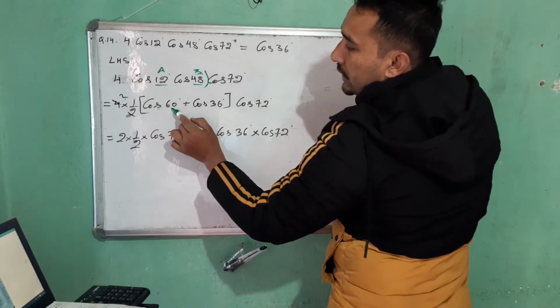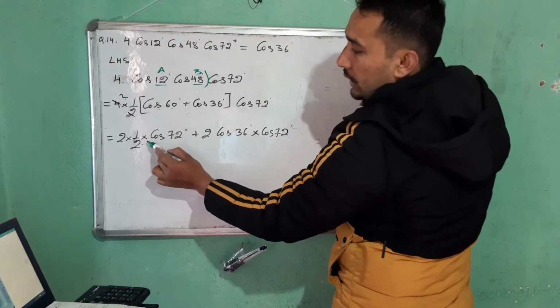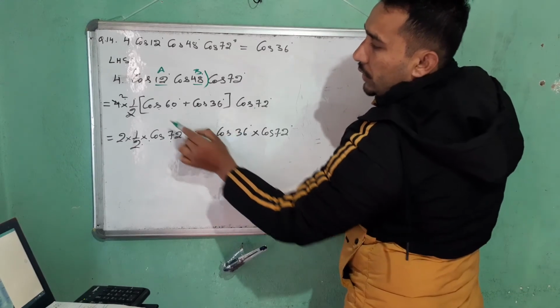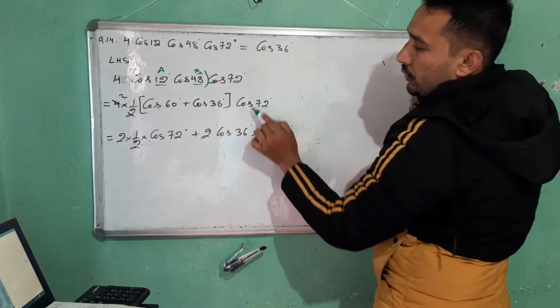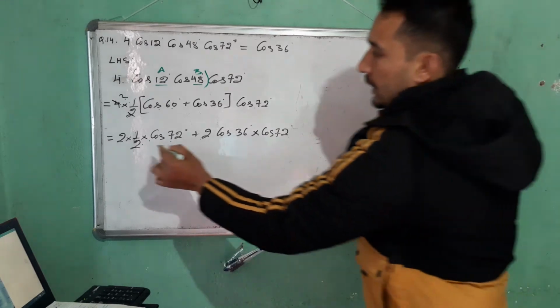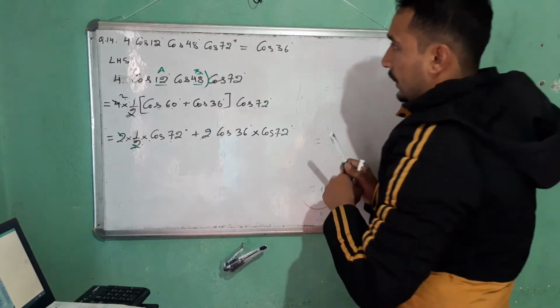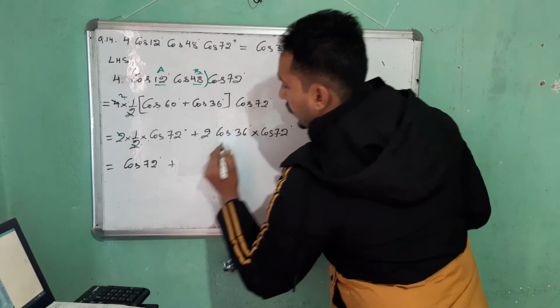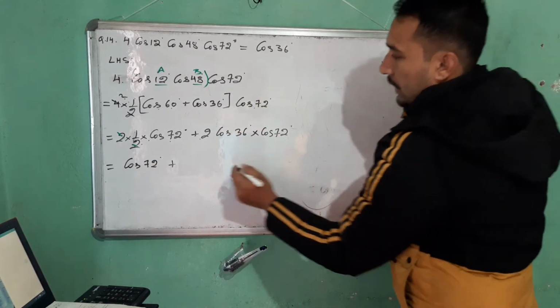Cos 60 means half, into cos 72 degree, plus 2 into cos 36 into cos 72. This and this you can cancel. So it will be equal to cos 72 degree plus 2 cos 36 cos 72, I will keep as it is.